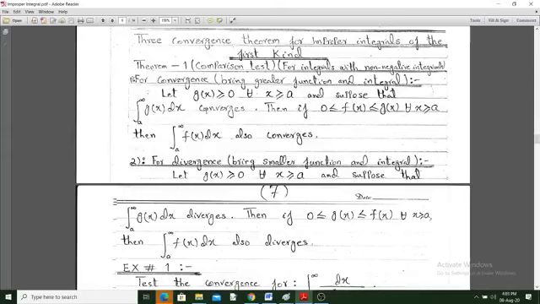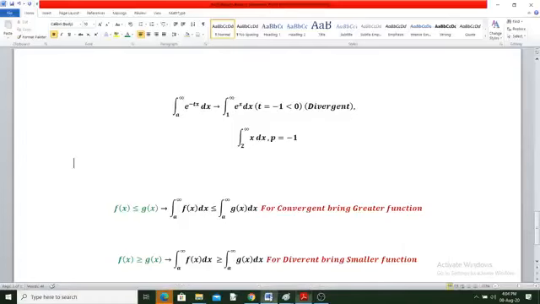So bring a greater function g of x, where g of x is greater than f of x, and f of x is greater than 0. Then make the same integral on g of x as on f of x, from a to infinity. Because g of x is the greater function, its integral is also greater than the given integral.